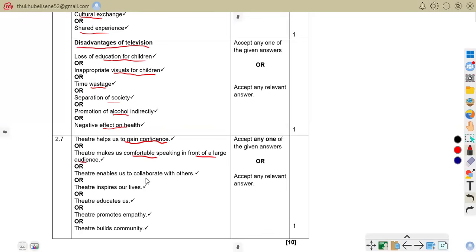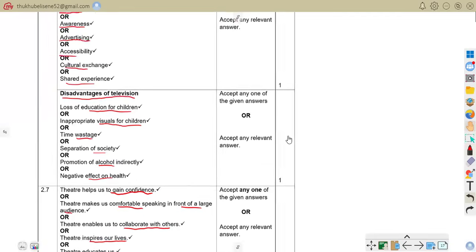Theater enables us to collaborate with others, so it brings that interaction. Theater inspires our lives and motivates. Theater educates us. Also, theater promotes empathy and builds community. So this is the end of this presentation.